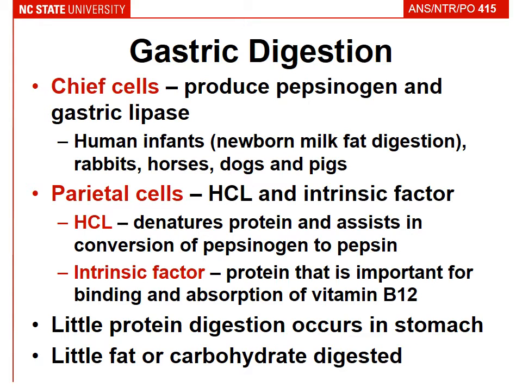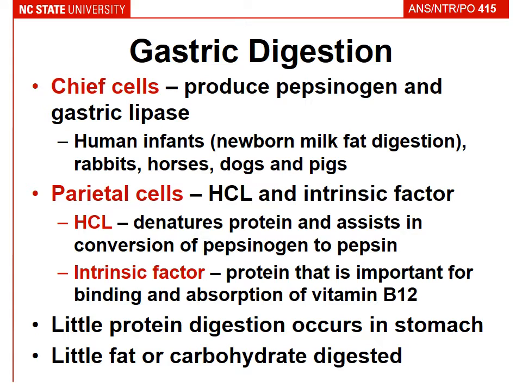Pepsinogen is what's going to first be utilized to start degrading protein, and gastric lipase, we have some that is released. We'll talk about lipase in much greater detail when we are discussing lipid digestion.